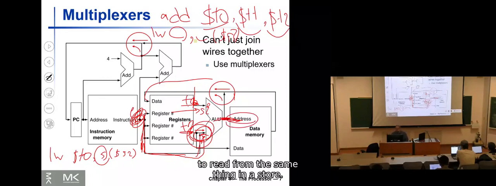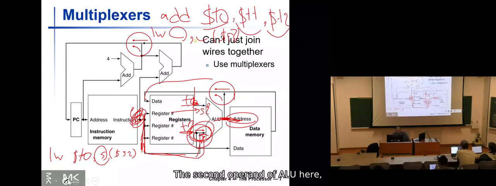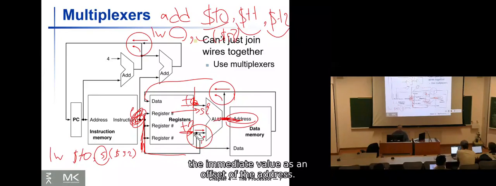The same thing in a store. In a store also, we have offset, we have base, we need to add them together. So the second operand of ALU here could be the immediate value as an offset of the address.